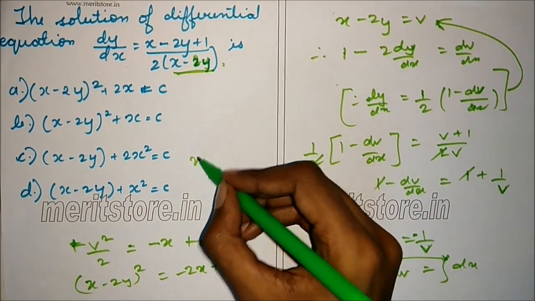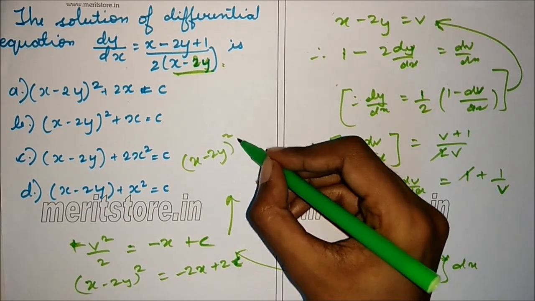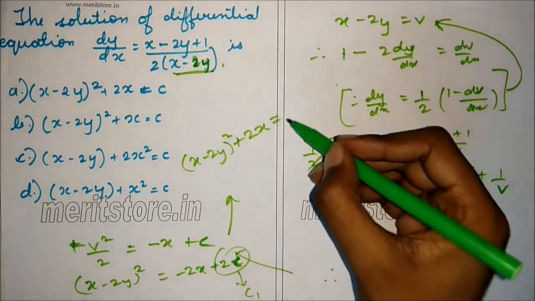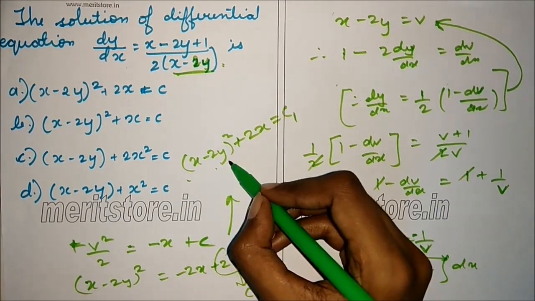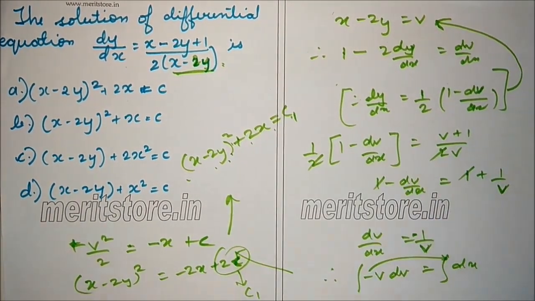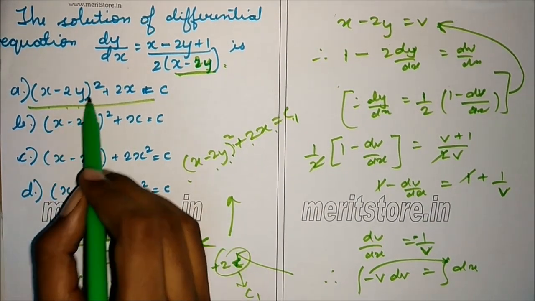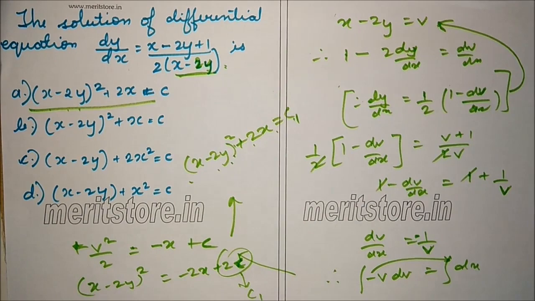So this is equal to x minus 2y the whole square plus 2x equals, let this constant be c1. So this will be c1. So x minus 2y the whole square plus 2x equals c, which is option A. X minus 2y the whole square plus 2x equals c.